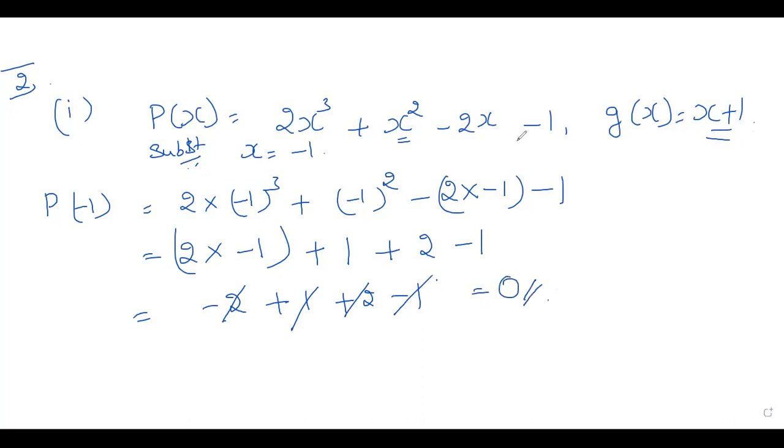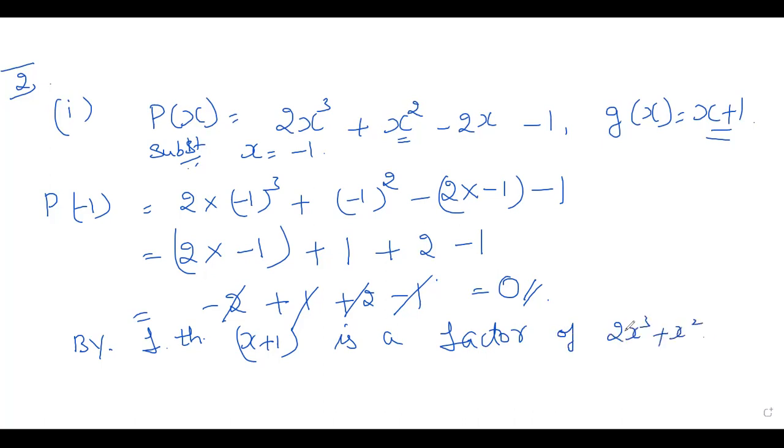So we can say that x plus 1 is a factor of the given polynomial. Okay, children? By factor theorem, x plus 1, or you can say g of x, is a factor of 2x cube plus x square minus 2x minus 1.